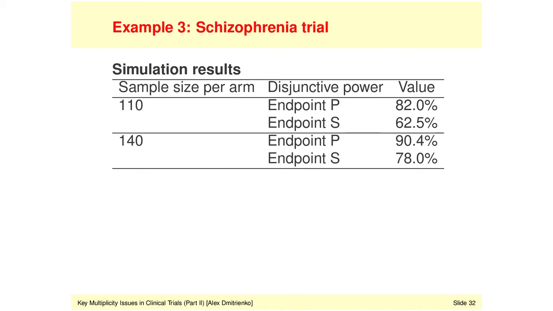In general, with a simulation-based approach to sample size calculations, we rely on a grid search to compute the final sample size in a trial. We typically go over a range of sample sizes, and we identify the sample size that corresponds to the desirable level of the chosen success criterion or probability of success. In this case, this would be disjunctive power based on the primary endpoint.